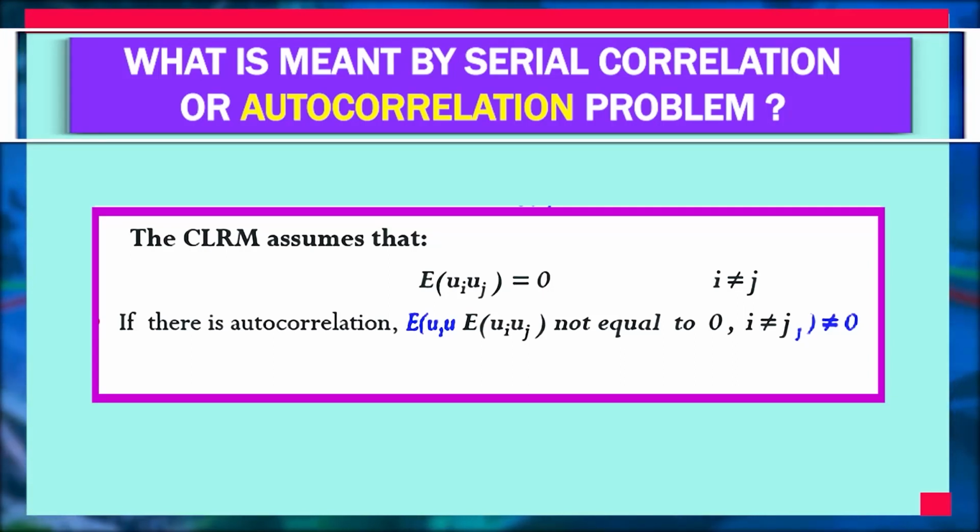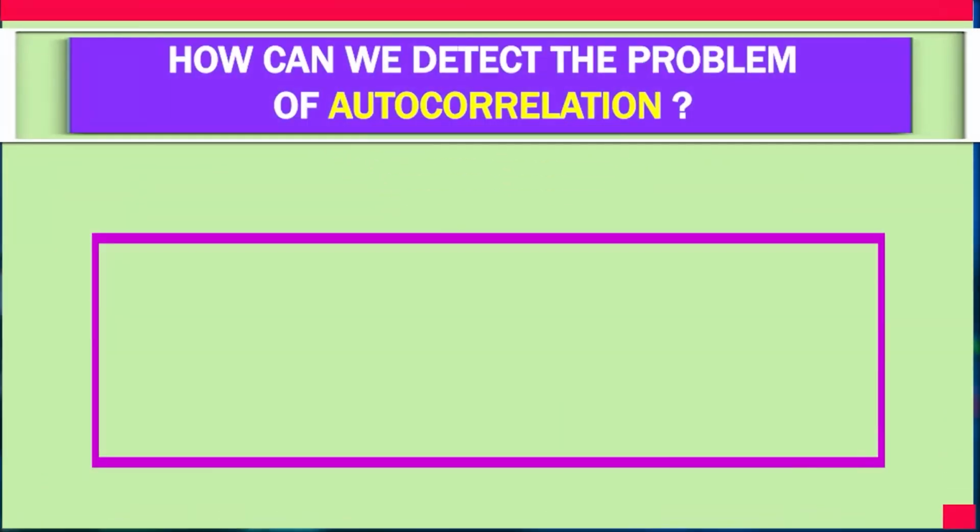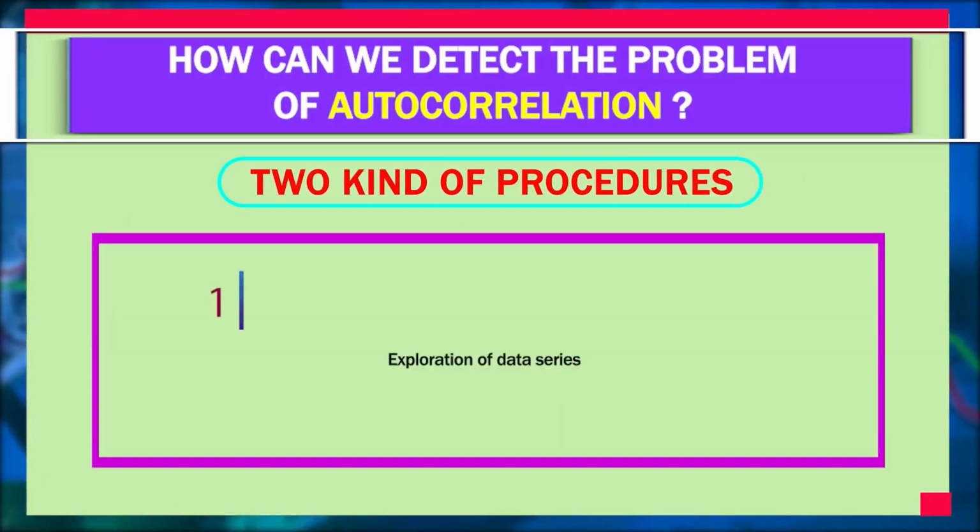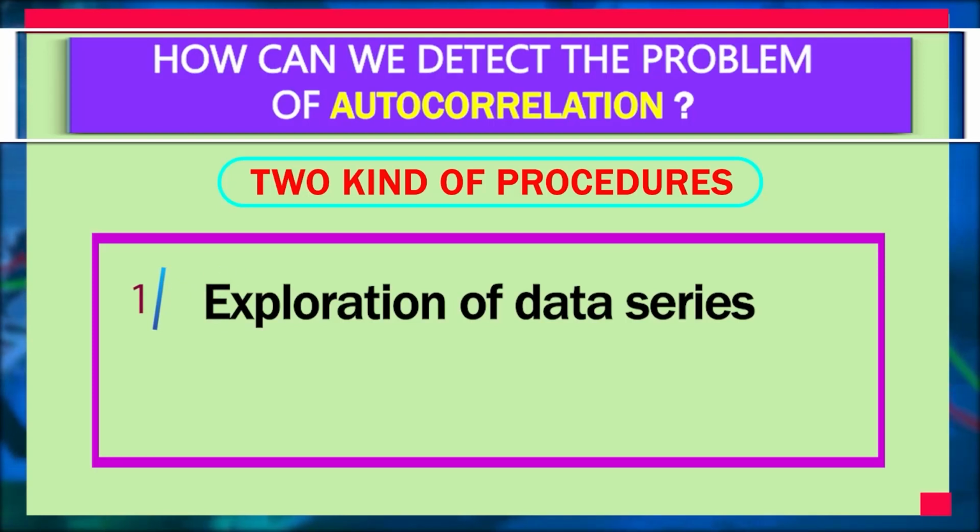After the autocorrelation problem is defined, it is very important to identify the sources, and accordingly we need to find confirmation regarding the presence of the problem. So for confirmation, we need to focus on the problem of detection. For any data set or data series, we need to look at how the problem can be detected, and this detection refers to two kinds of procedures.